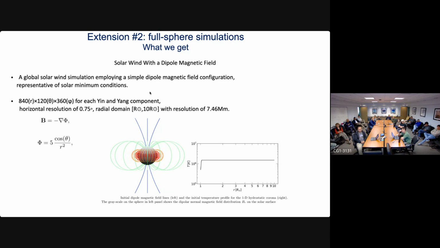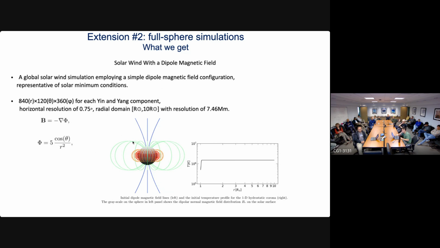And here we show the global solar wind simulations using a simple dipole magnetic field configuration representative of solar minimum conditions. The horizontal angular resolution is 3/4 degree, and the radial resolution is about 7.5 megameters.